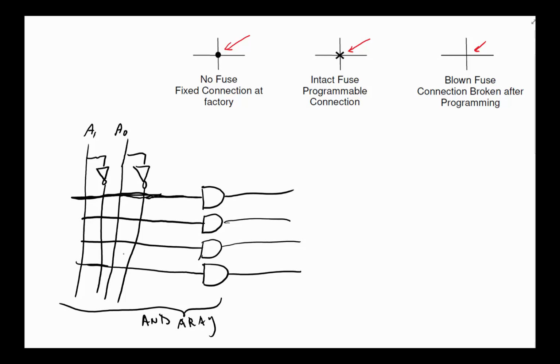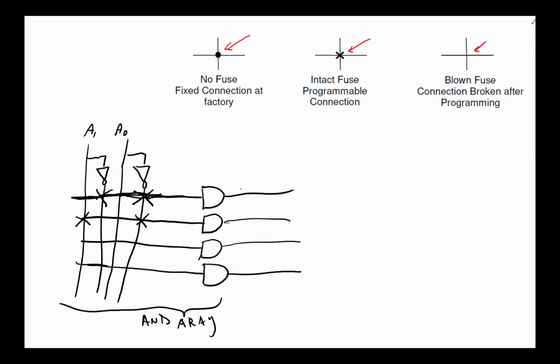For example, if I wanted to design an exclusive OR, I simply will come in, blow everything other than this one, and that's A0 not, and then I need A1, and then maybe use that line to do the other portion, which is A1 and A0 not.